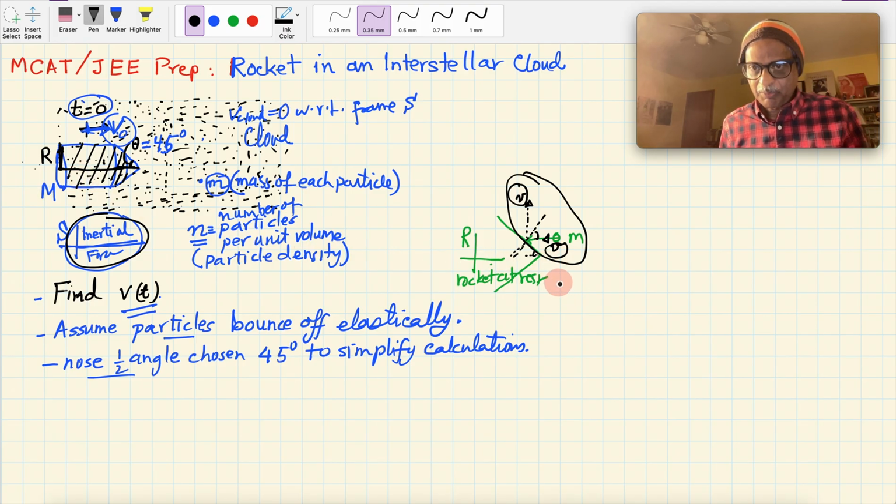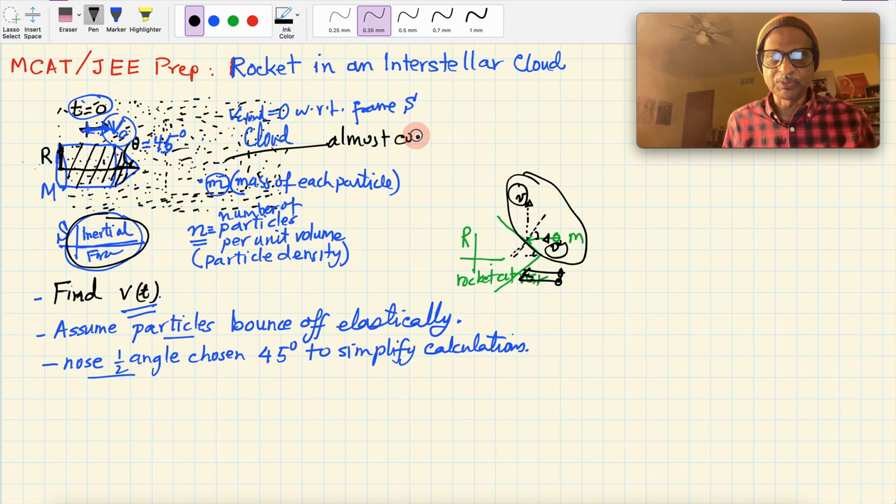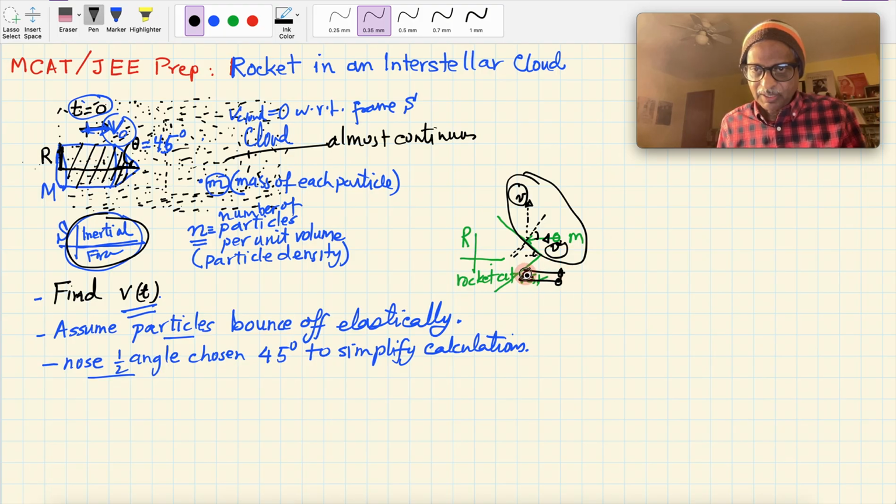Now, if you look at another particle, which is situated just above there, and we're supposed to assume this is an almost continuous cloud, there are so many of them, the second particle like this is going to come down like that. So for every particle like this, there will be a second particle like this, from the symmetric situation.